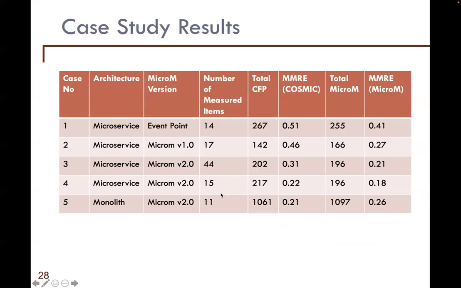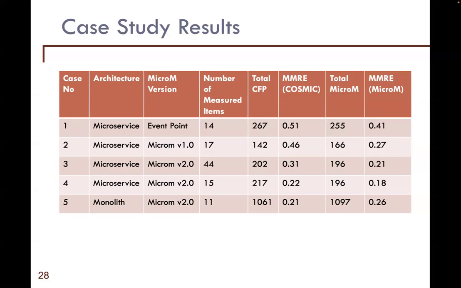But still, as I have shown you on the case study screen, measurements with Cosmic correlate better on monoliths. If we have a single database, a single server, a monolith system, then we can still use Cosmic, because in that case Cosmic is doing a more detailed analysis on the object and data concept than what we did in event-based measurement.